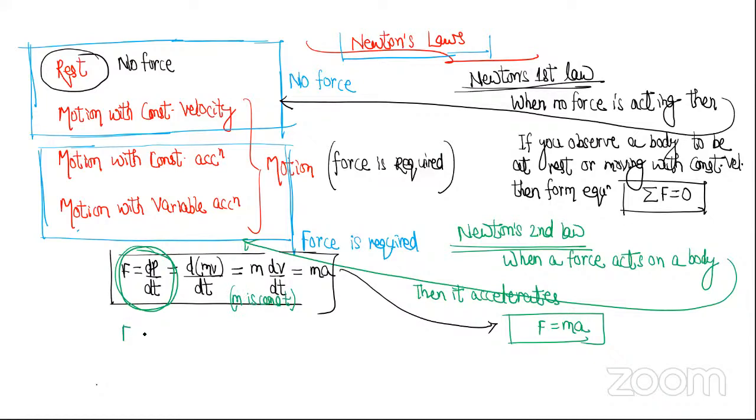If m is not constant, then see how it will be. dp by dt equals d by dt of mv. You know the product rule: d by dt of uv is u into dv by dt plus v into du by dt. So this will become m into dv by dt plus v into dm by dt.